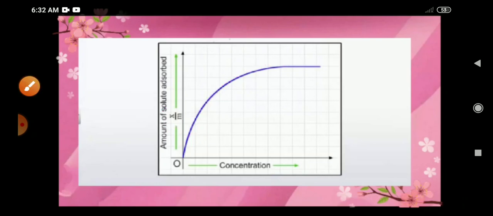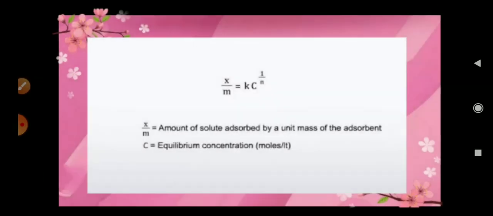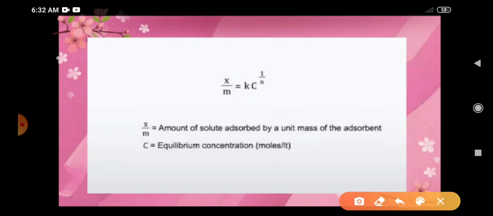So here, x by m equals k c to the power 1 by n. How did we get this? According to the plot, x by m is directly proportional to c to the power 1 by n.